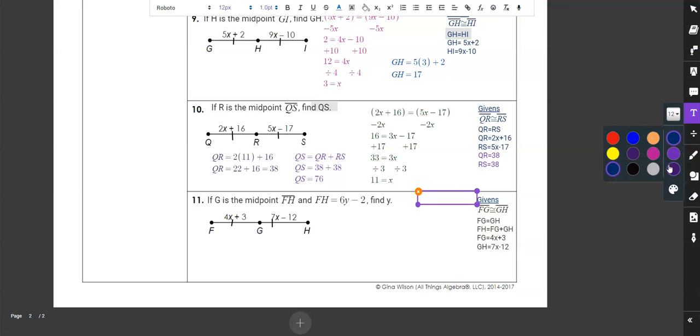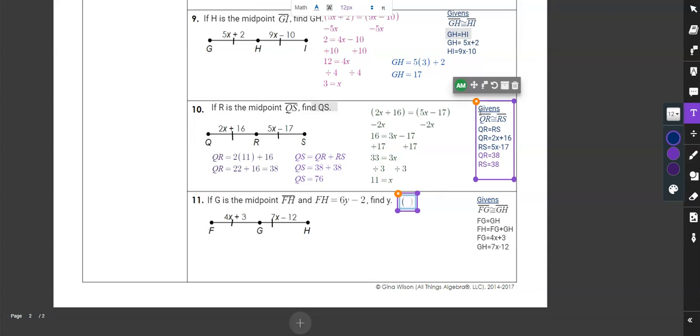Since we have our expression here, FG equals GH. Well, FG was 4x plus 3. Okay. And that is going to be equal to 7x minus 12.